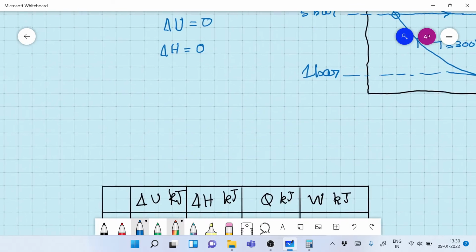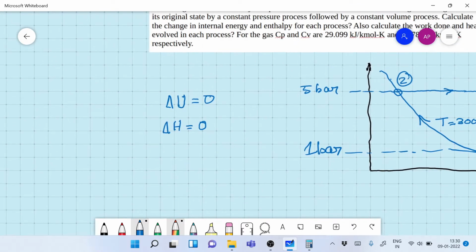Now let's calculate what is the work done. Now, most of you would try to memorize the formula and solve it. But then I will demonstrate a method where you need not memorize the formulas but can derive them in situ and solve it so that you do not have to remember a lot of things. Now, this is a closed system.